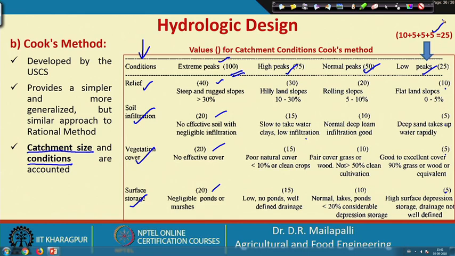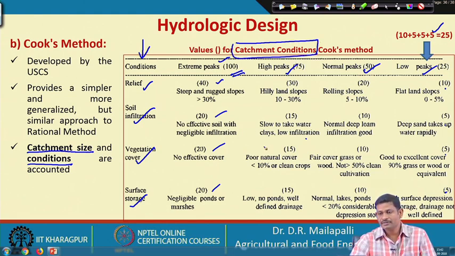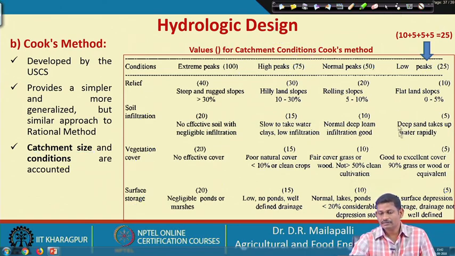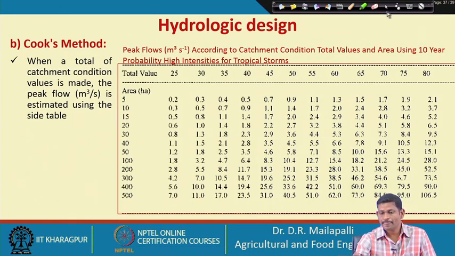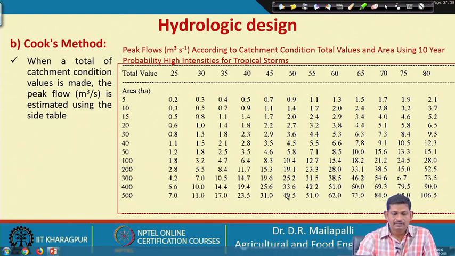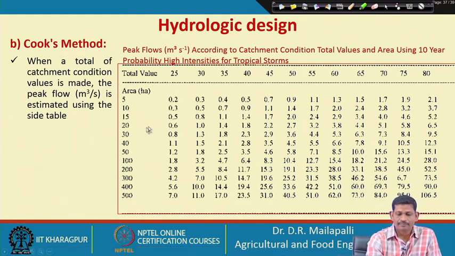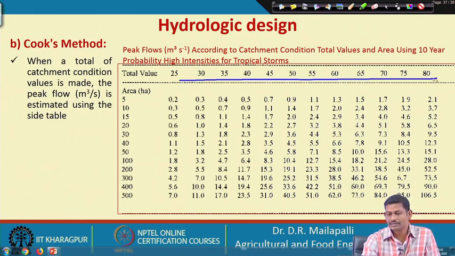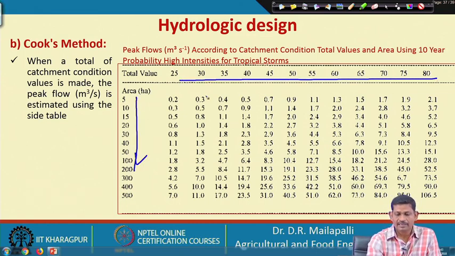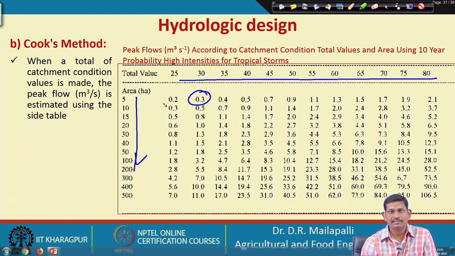So, this is called the catchment condition value. That is either 25, 50, 75, 100, or if anything is missing, you can add accordingly. Then the next step is, once you know the catchment condition total value and the area, you can find out the peak flow rate in meter cube per second.